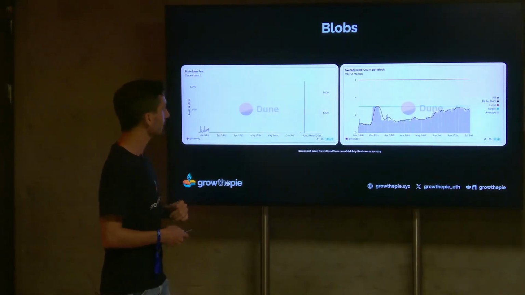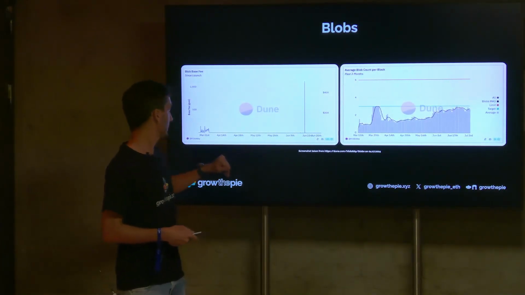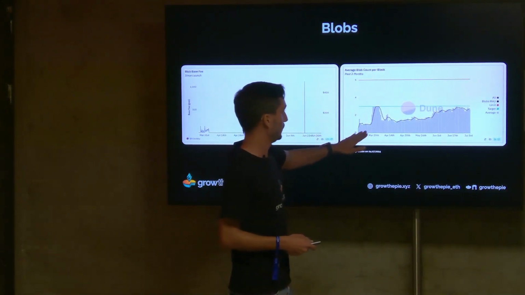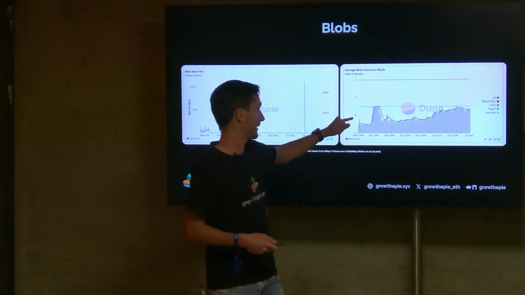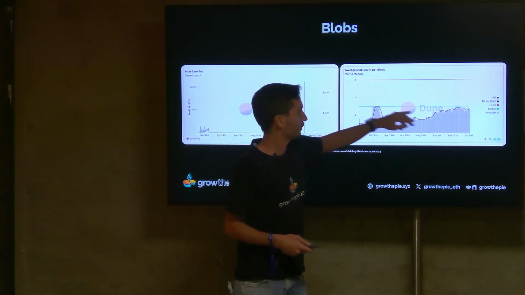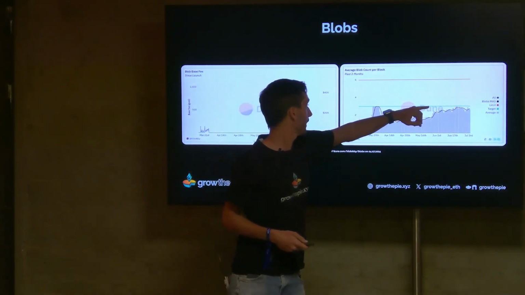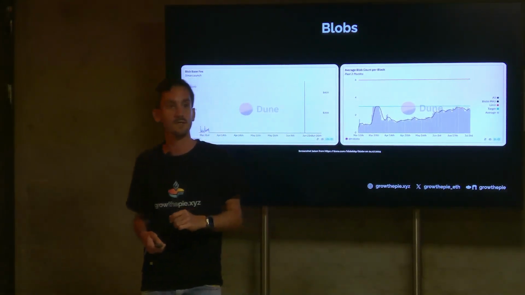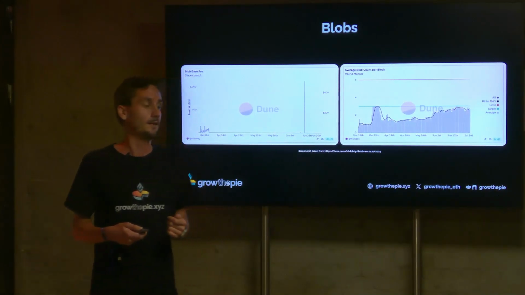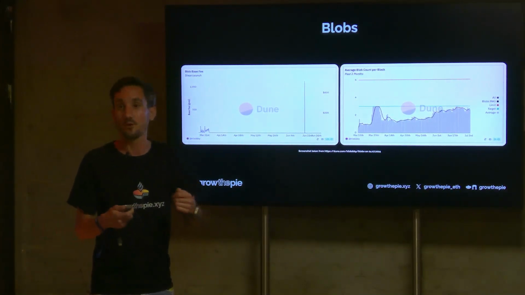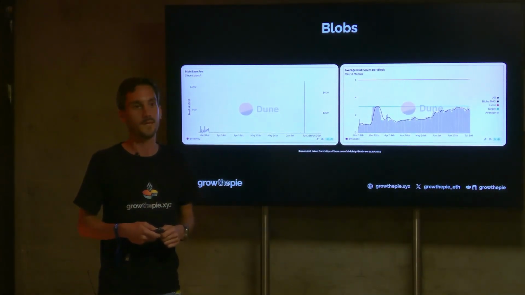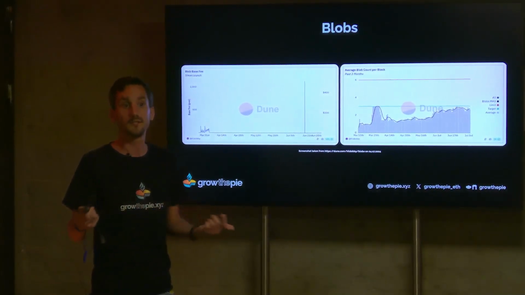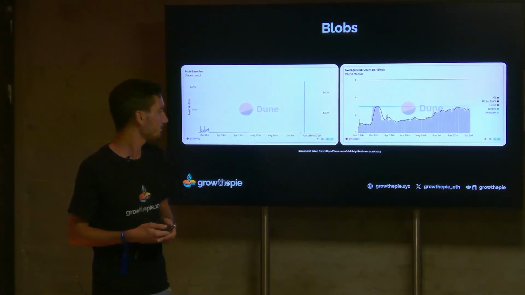All right. And we actually see, in a chart by Hildobby and Dune, that blobs are not being used that much at the moment, right? The target of the blob usage is here right now, but we almost never reach that. So that gives us an indication that right now there are not enough users actually using the layer 2s, so that we can efficiently make use of blobs or alternative DA, for example.